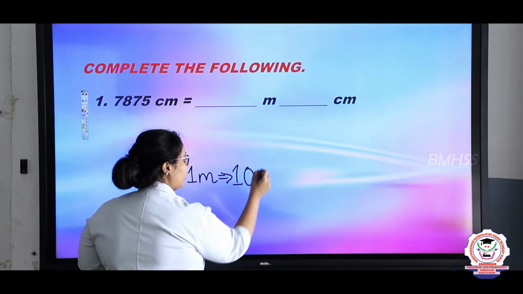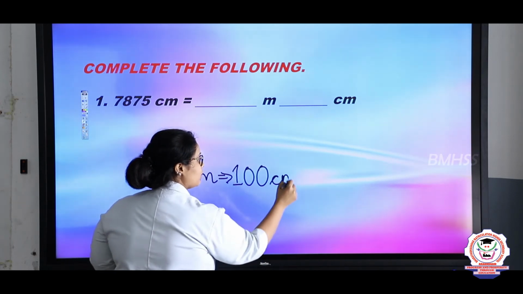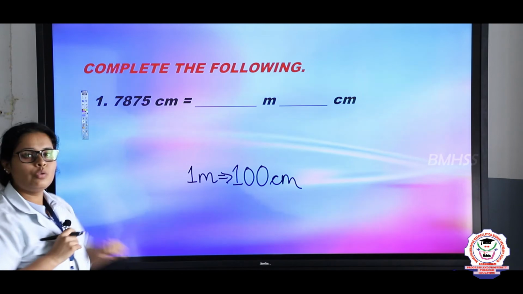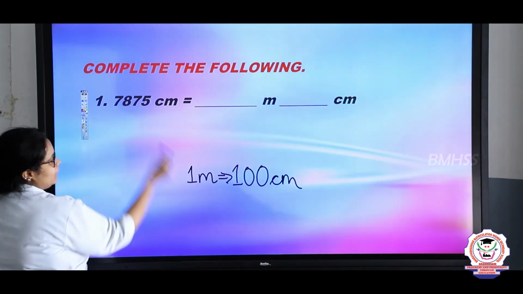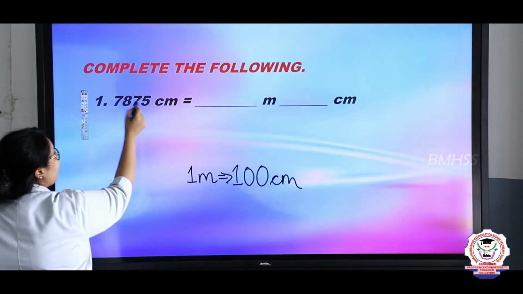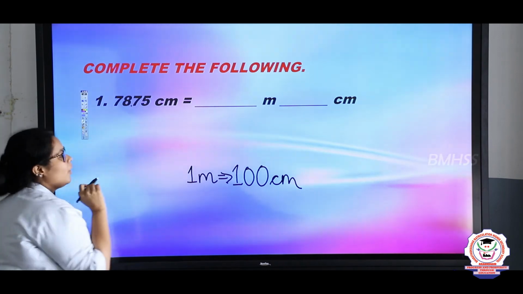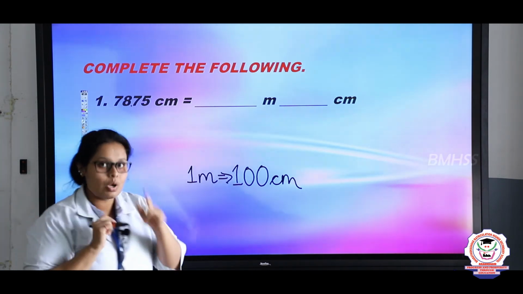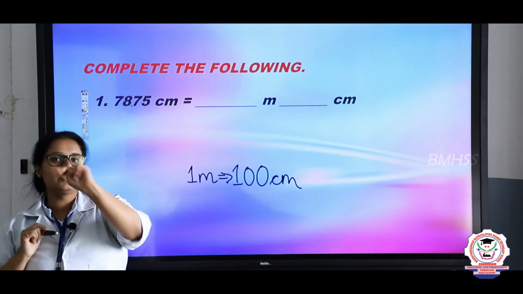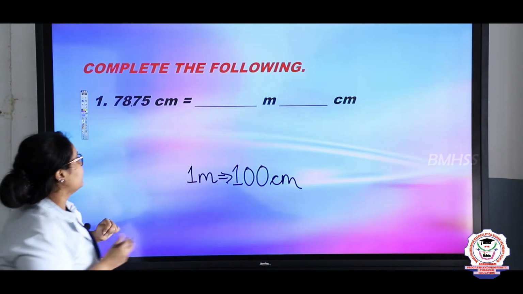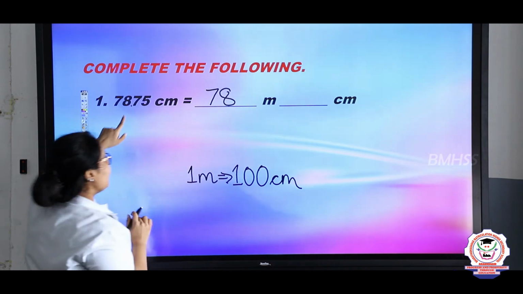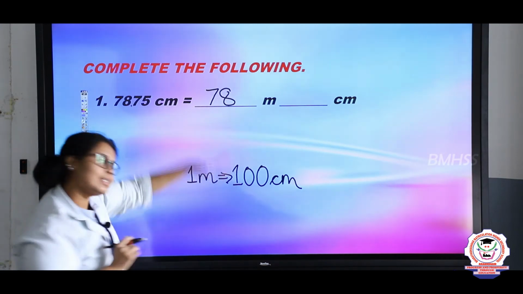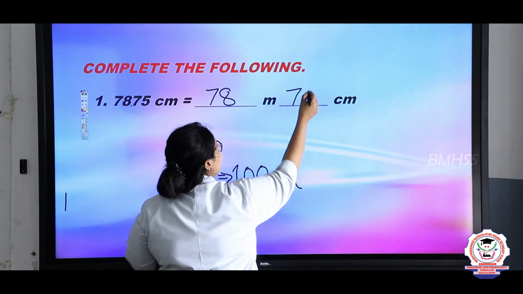It was 100 centimeters. Here there are 4 place values, so you will take 2 place values from the end, and put a point, because here it is 100, so how many zeros are here? There are 2 zeros. So we can write it as 78 meters and 75 centimeters, right?